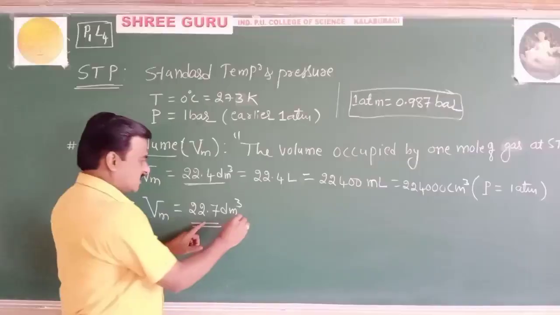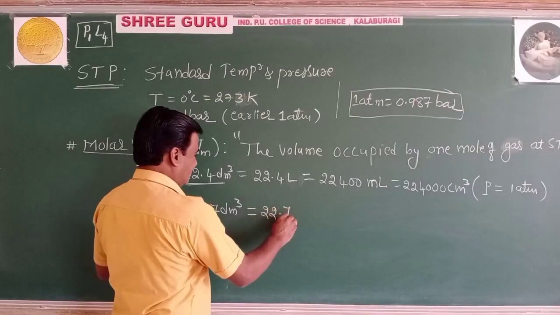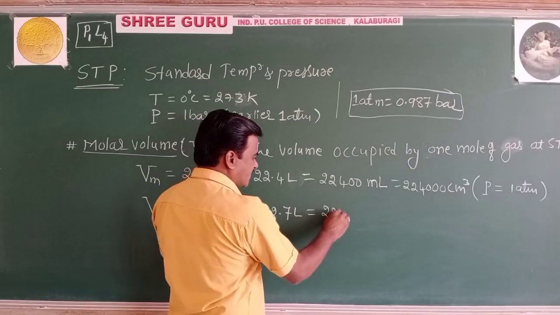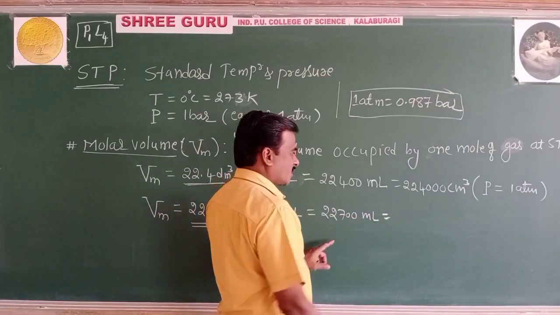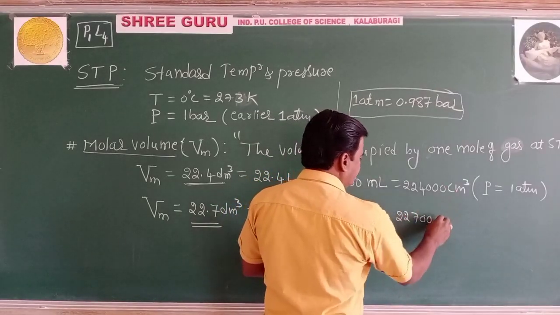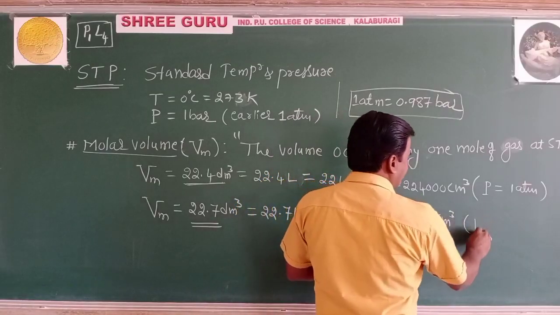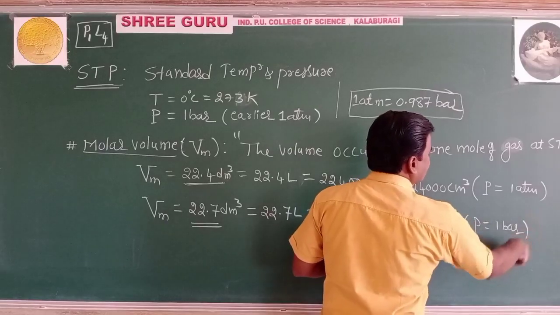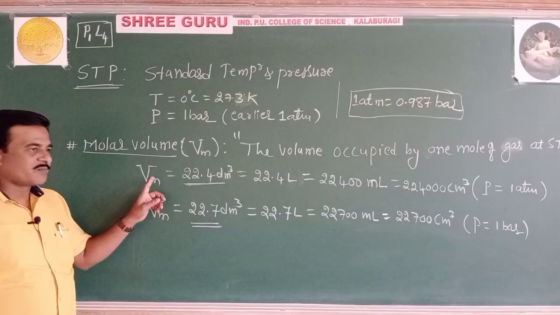This is the same as 22.7 liter, which is 22,700 milliliter, same as 22,700 cubic centimeter. This you should remember.